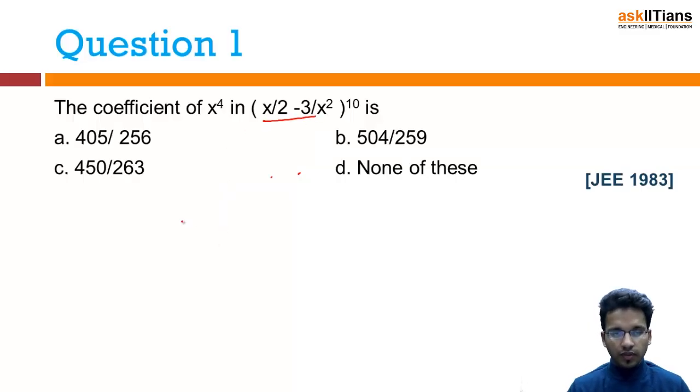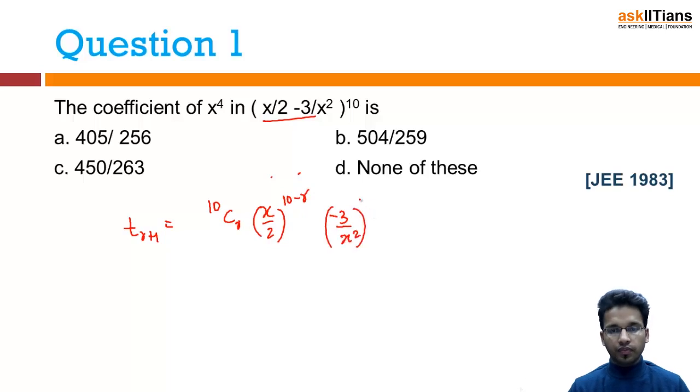So the first thing we should write is t r plus 1, the general term. What will be the general term? 10cr (x by 2) raised to power 10 minus r, into (minus 3 by x square) raised to power r. Now here what do I need? Coefficient of x4.